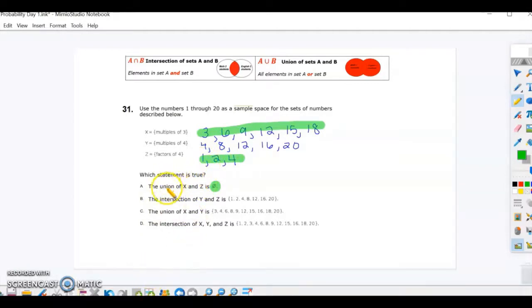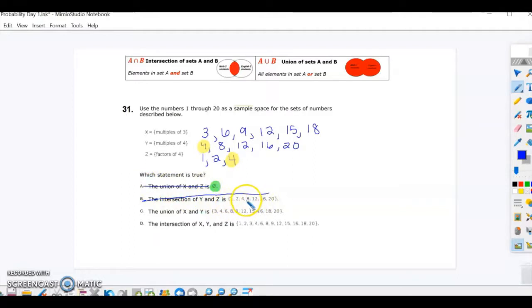So this would be true for the intersection: the intersection of these would be an empty set, but the union, everything that's in this one or this one, would be listed. The intersection of Y and Z means things that are in both Y and Z. And I noticed the only thing they have in common is 4. So that would not be true either, because the intersection would only be 4.